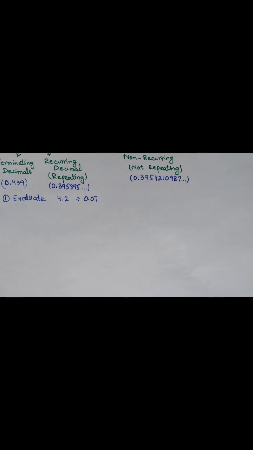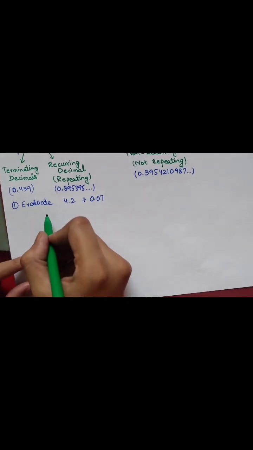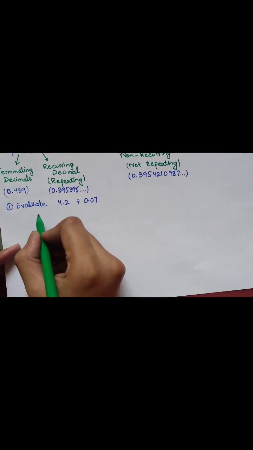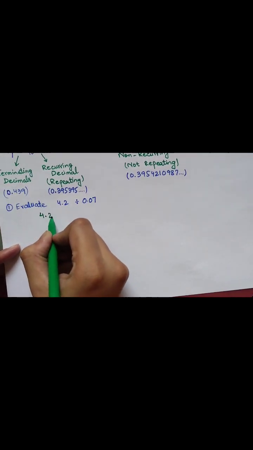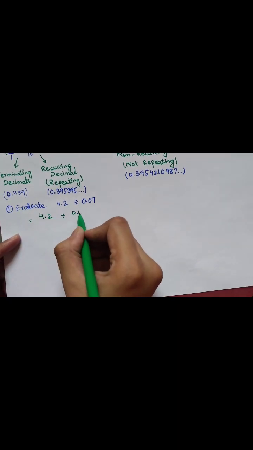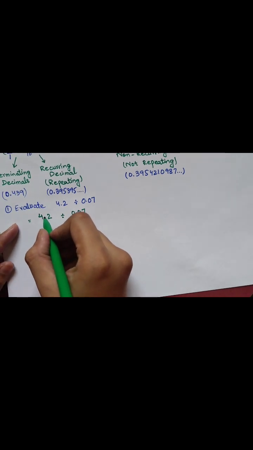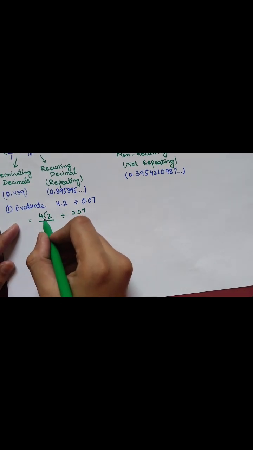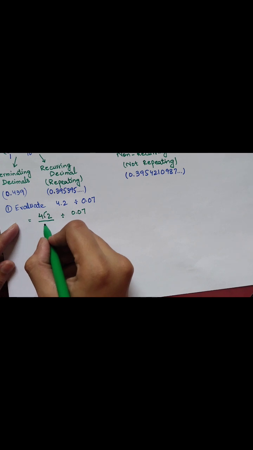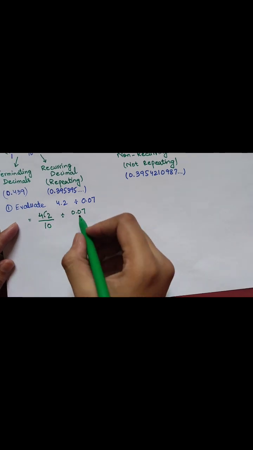For example, this is your question: evaluate 4.2 divided by 0.07. How we can solve it? First of all, remove the point. We can write 4.2 divided by 0.07. How we can remove? Omit the point, and after omitting the point we write below 1, and how many digits after the point, one digit, so we write 10 here.